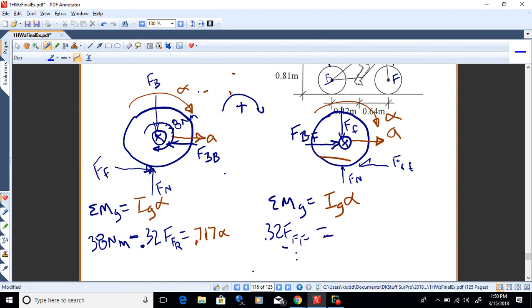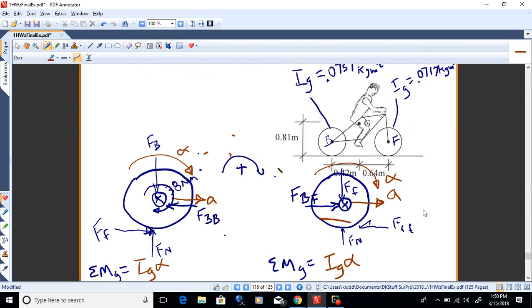And what was that again? 0.072. And this is going to be times alpha, all right? Is that basically what we got going on here for these moment equations?